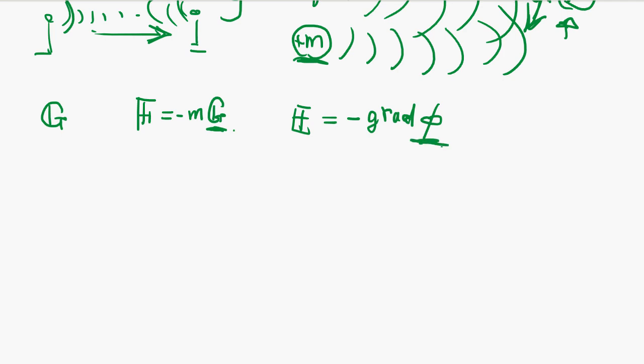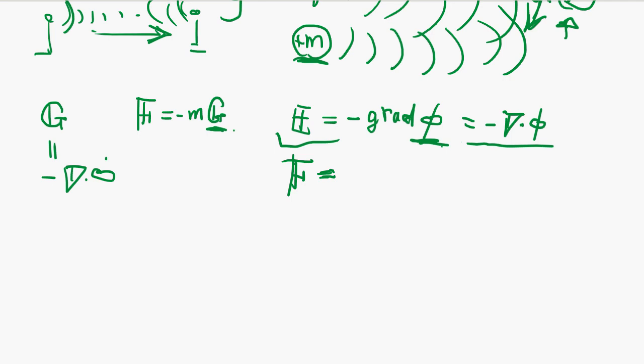This potential field, the electric potential, you can use the vector calculus, this one, right? So the gravity field can be written the same way, as a potential field.